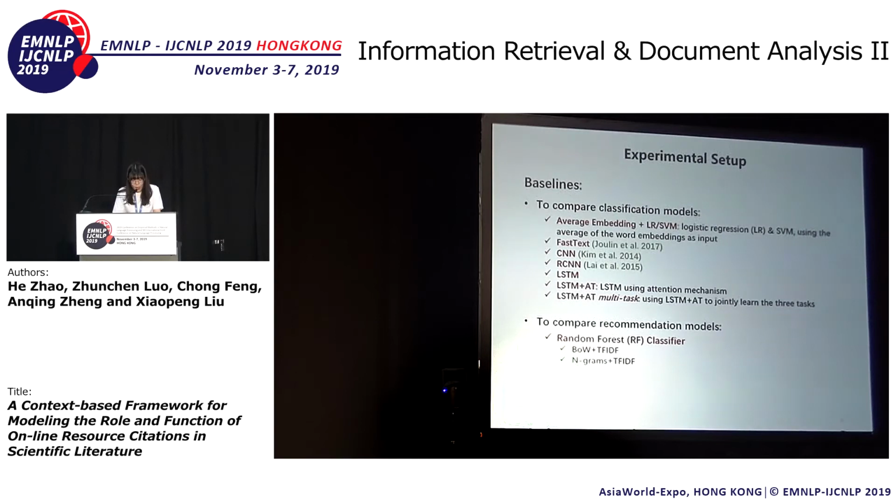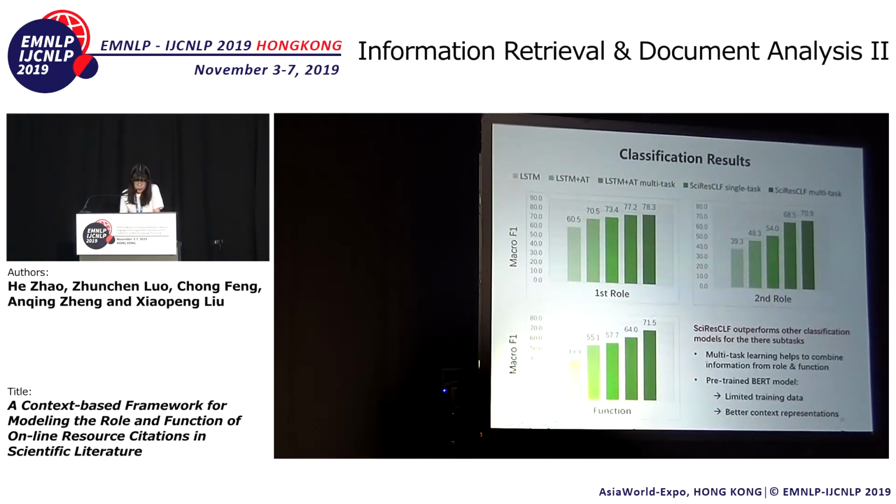Then we choose several baselines to compare our classification models. We use some widely used models for text classification, and to compare the recommendation models, we just use the random forest classifier. This is the classification results.